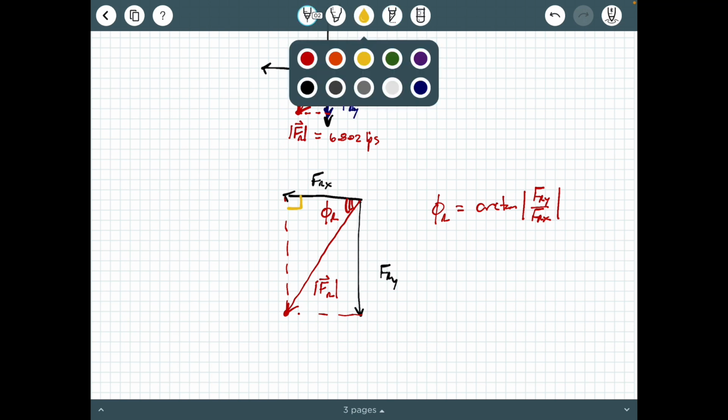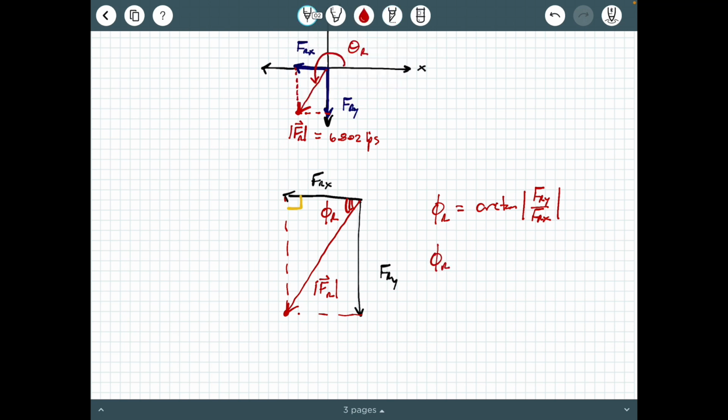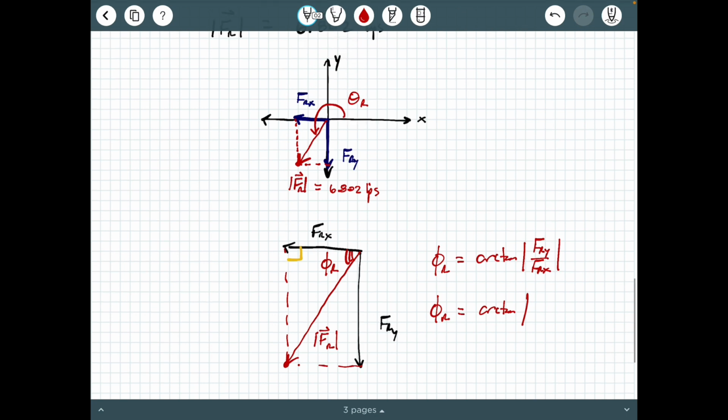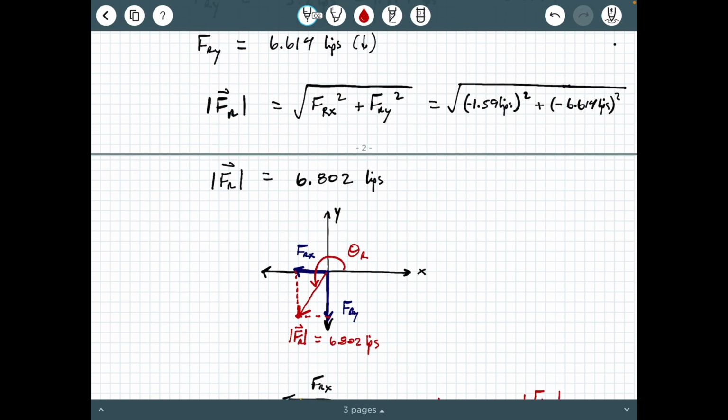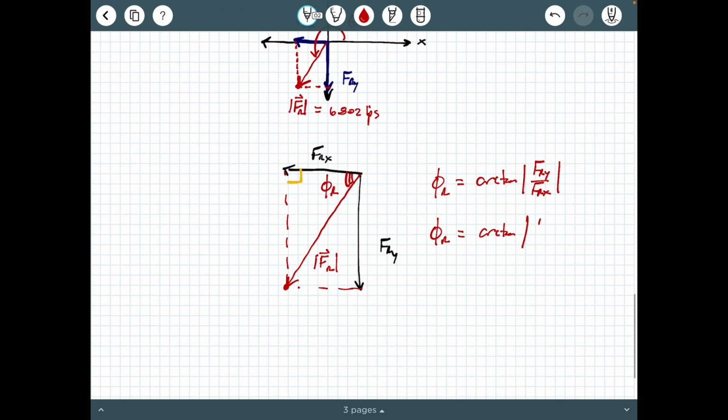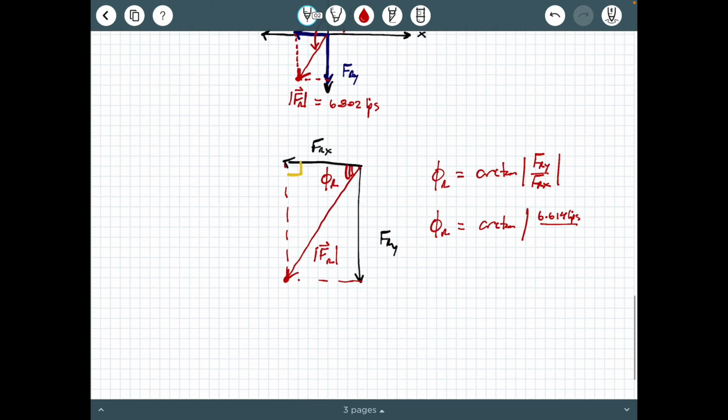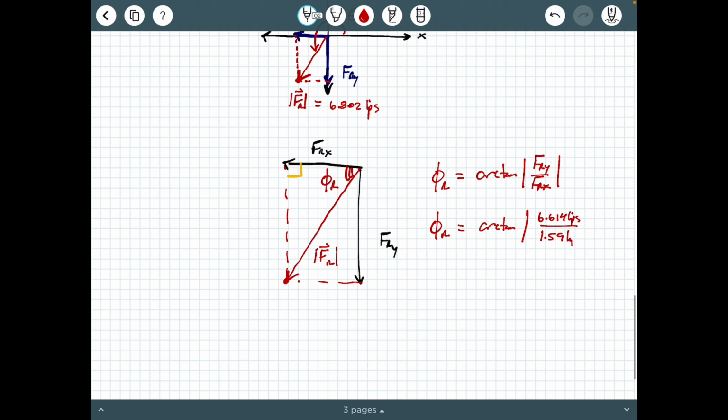So let's compute this. Phi sub r is going to be equal to the arctan of FRY over FRX, so 6.614 kips over 1.59 kips.